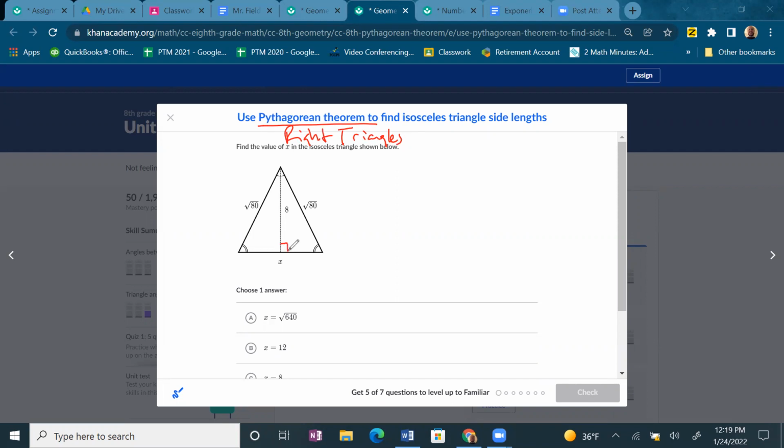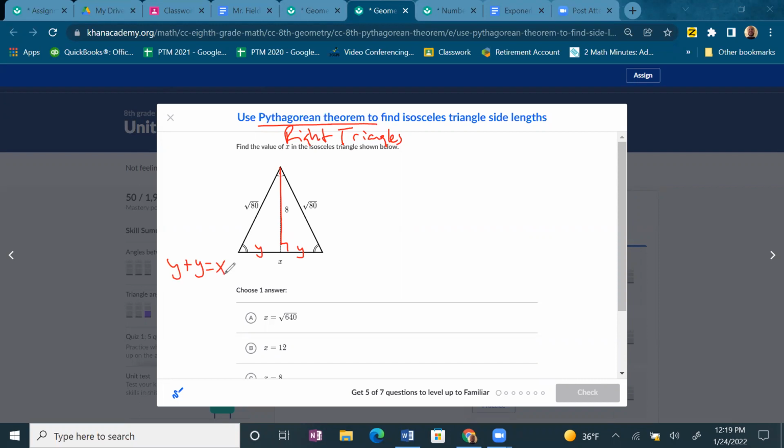The thing about an isosceles triangle is this line in the middle here splits the base in half. So we can think about it like this: y and y, both the same. And if you add the y's together, it would be the x.